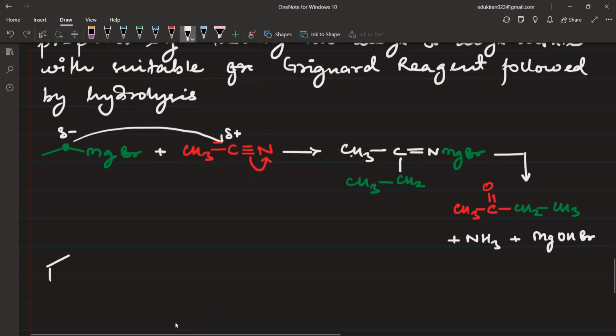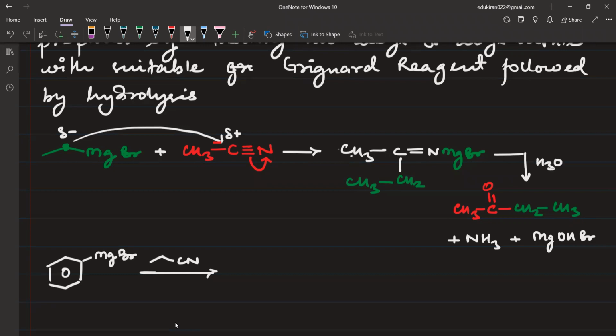And if you have something like this, you see here we have 3 carbon atoms now, then H3O plus here.